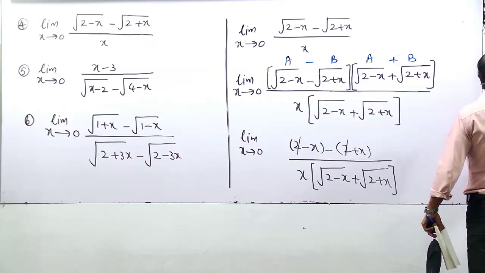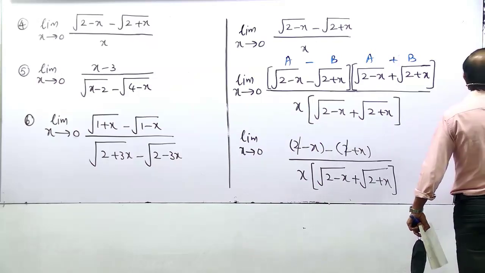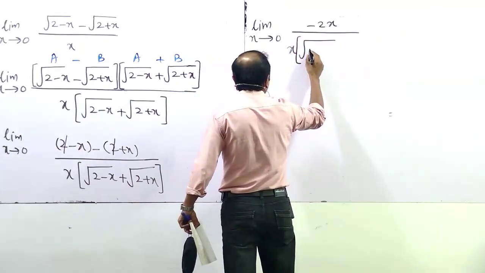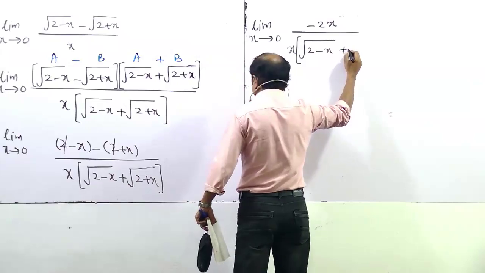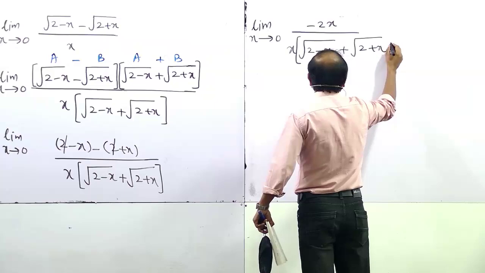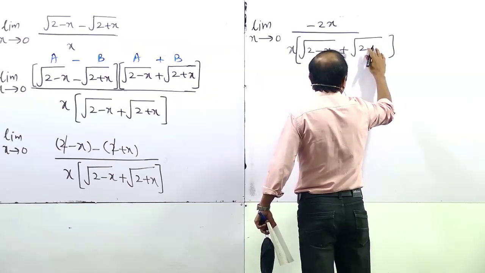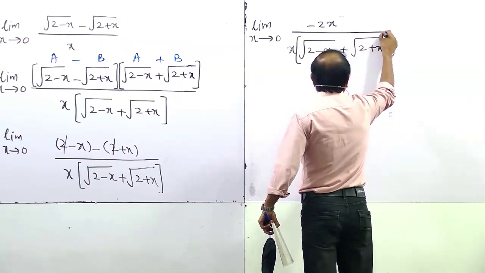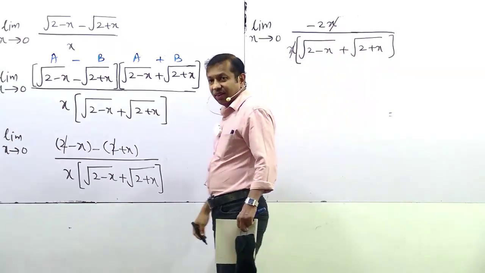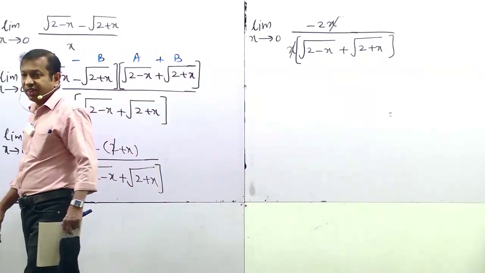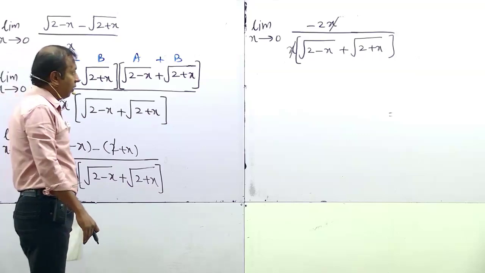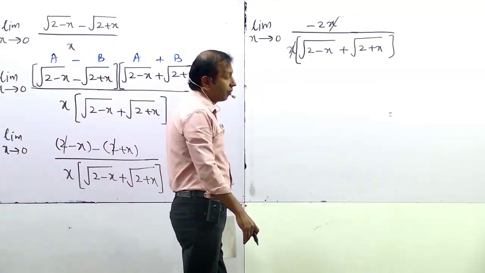Minus 2x upon x times root 2 minus x plus root 2 plus x. Okay. Now cancel this x and this x. Right. Until the cancellation of x from numerator and denominator, don't put 0 for x. Now put 0 for every x.